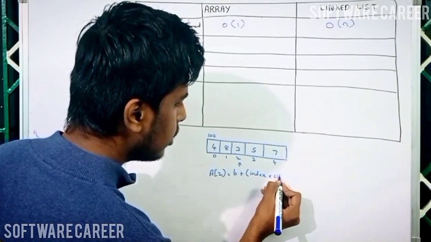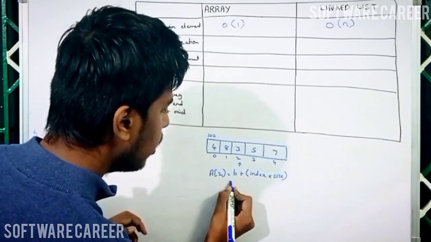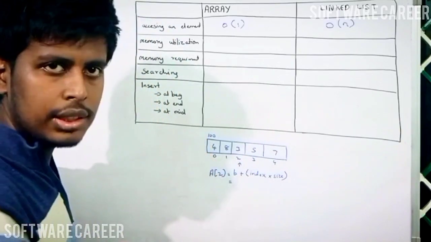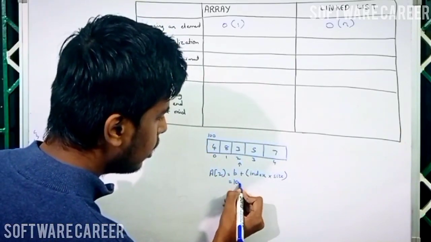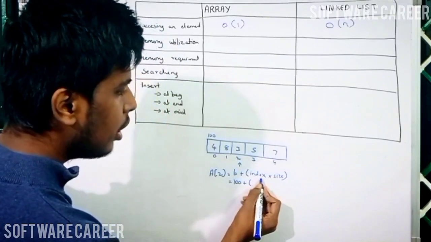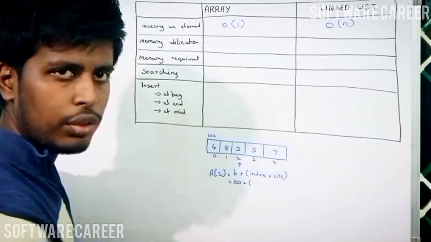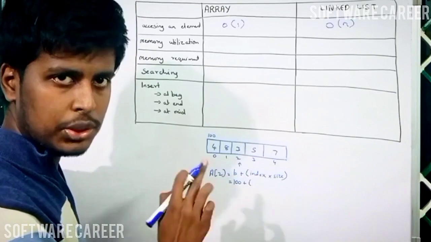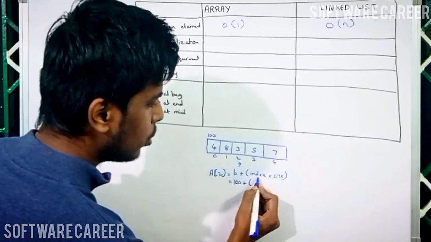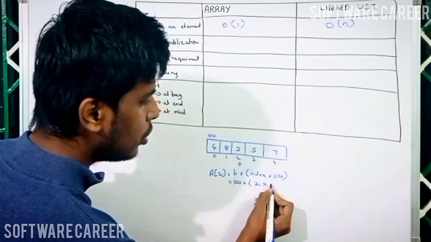into size. Now you know the base address. The base address is 100, so 100 plus index. Which index's address do you want to find? Index 2. So the index is 2. Now into size.